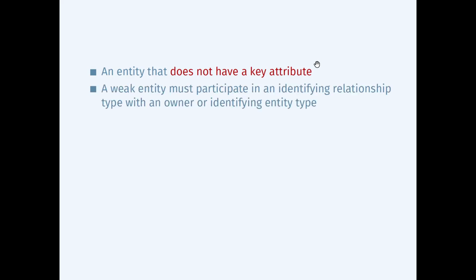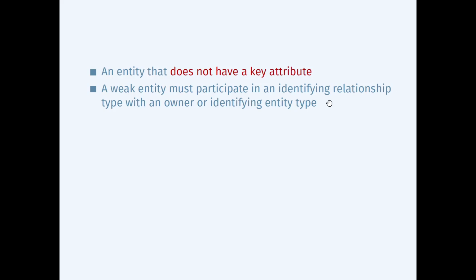Then this is known as a weak entity, actually we call it a weak entity type. When you don't have a key attribute, you have to have a participating relationship. The existence of a weak entity type depends on what we call the owner entity type.